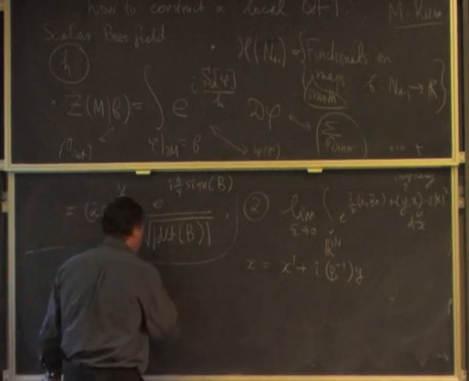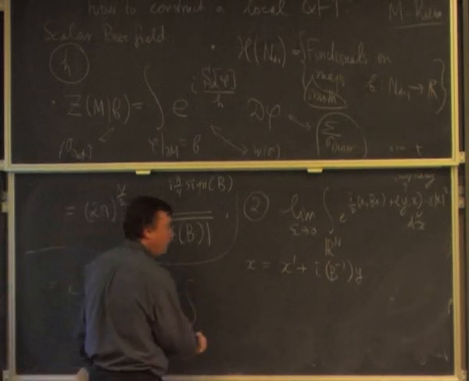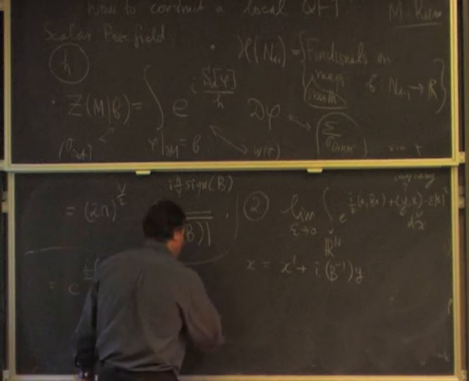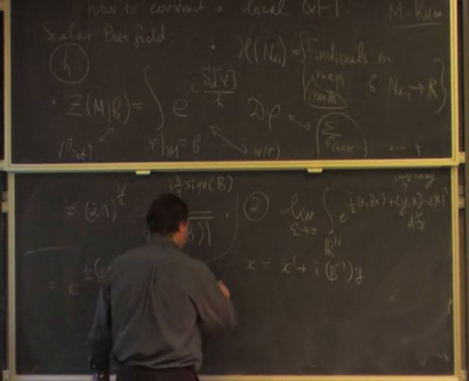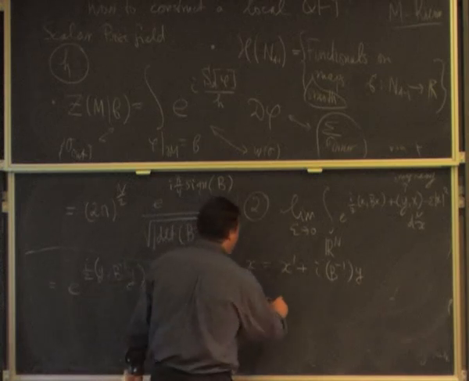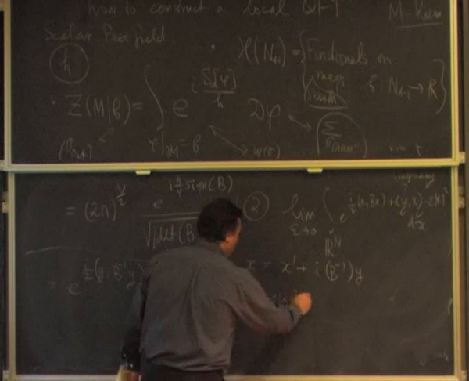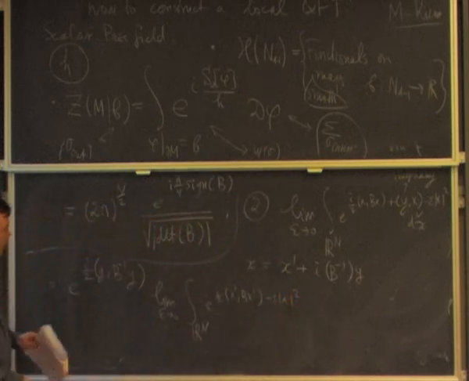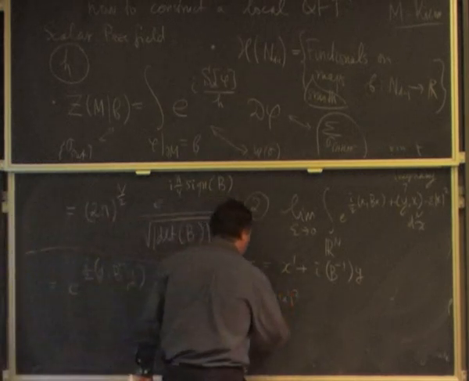And then the limit as epsilon goes to 0 of the integral over R^n of e^(i/2 x'Bx') dx' minus epsilon x prime squared.